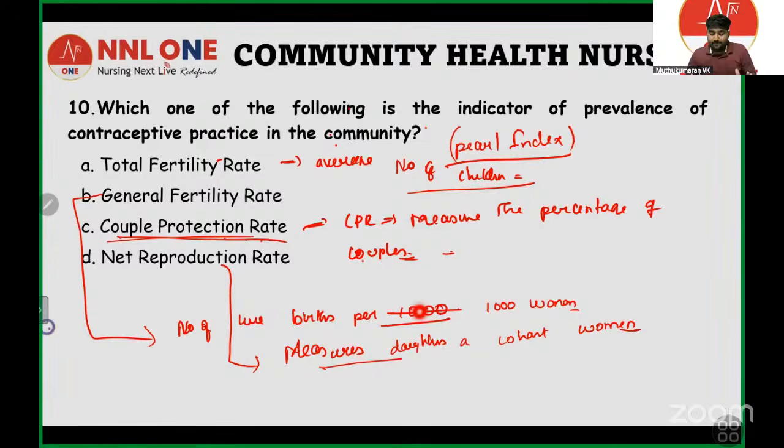So the only thing which reflects contraceptive practice is the couple protection rate. So the prevalence of contraceptive practice in the community is couple protection rate. Is it clear for you all? Shall we move on to the next question?